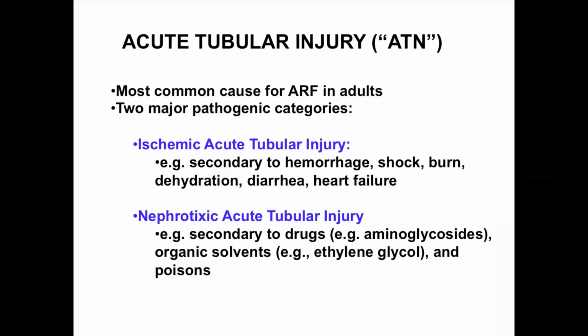We have two major categories. We have ischemic acute tubular injury, which can be due to hemorrhage, shock, burn, dehydration, diarrhea, or heart failure. Any of these can give us an acute tubular injury that can give the patient acute renal failure.